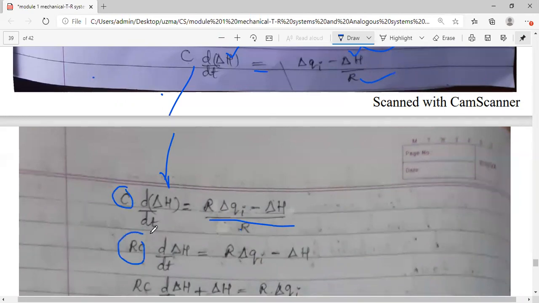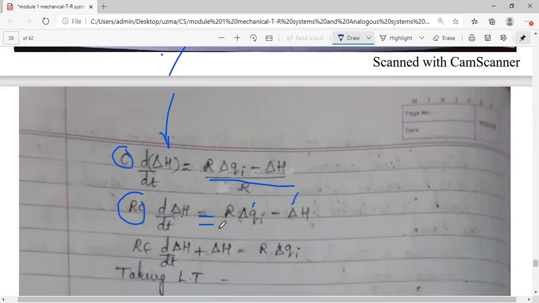It will become RC d by dt of delta H is equal to... you will be left with two terms in delta H, so take all to one side, the LHS. First term is RC d by dt of delta H plus, because this is minus, if you take it to the other side, it will become plus delta H is equal to R delta Qi.